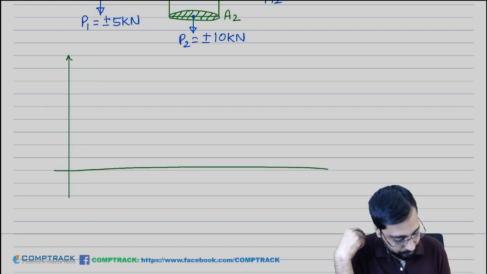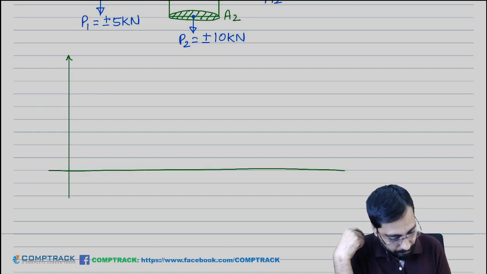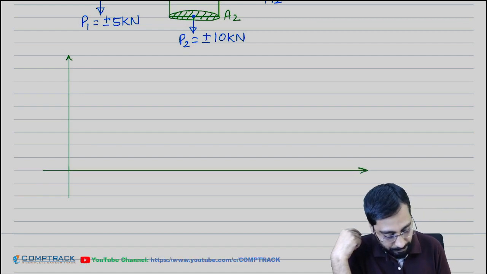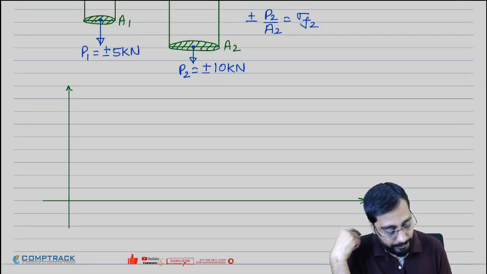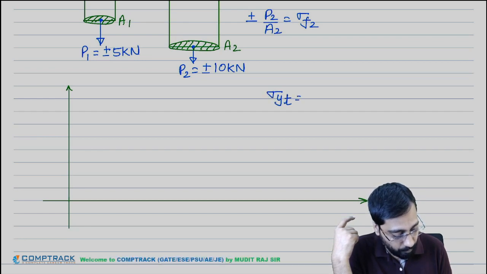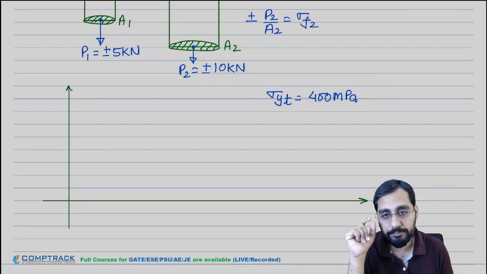Let us suppose for this member, sigma yt is equal to 400 megapascal. Okay, so this sigma yt is for static loading.